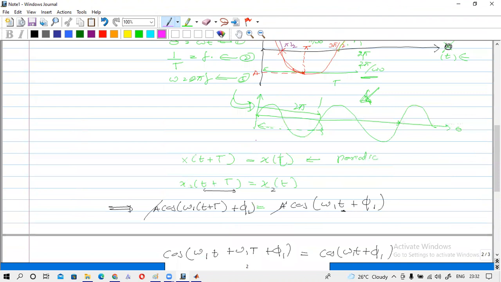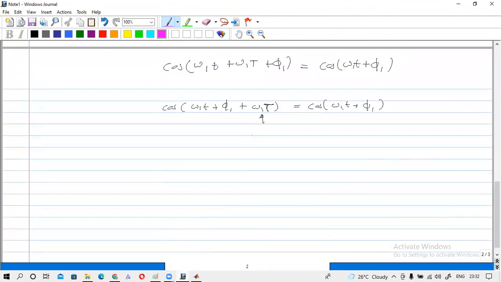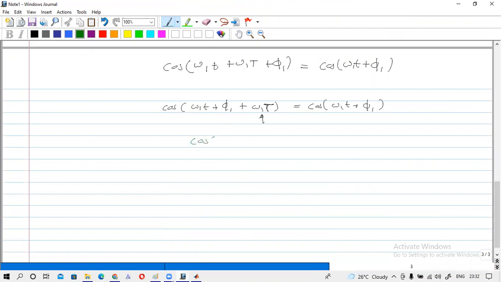So you can see that as in the sine case, cos(ωt + 2πn) is equal to cos ωt.